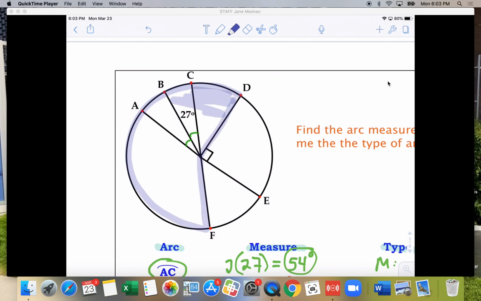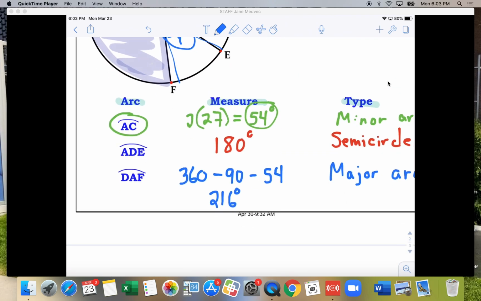This is what I'm trying to find, this part right here, and I need to subtract those other 2 parts. This was 90 degrees right here. This was 54 degrees here because the 54 was created by the vertical angles here and here. And so that's how I get the 216 degrees.